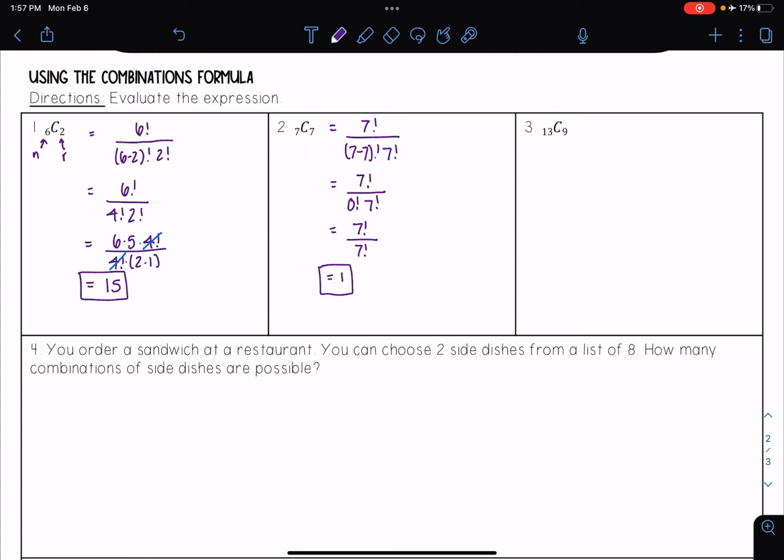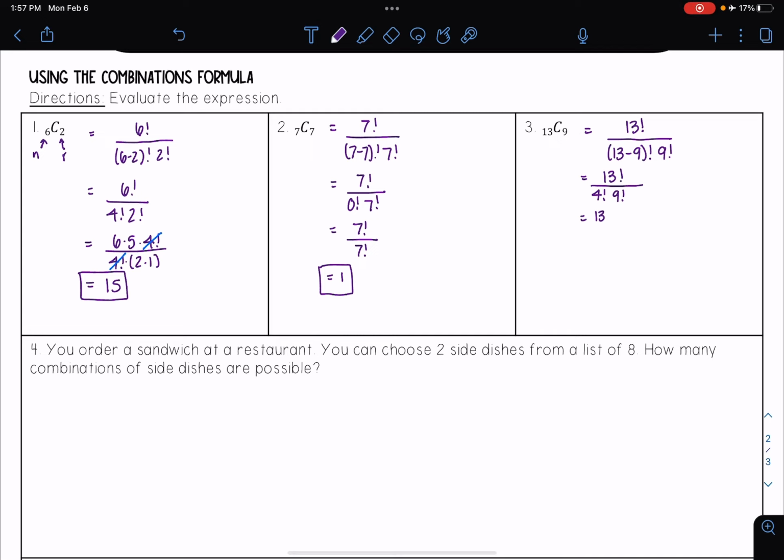Okay, let's look at one more example like this. Here I have 13C9, so 13 is my n, so I have 13 factorial over 13 minus r, which is 9, times r. So I have 13 factorial over 4 factorial times 9 factorial. Now I'm going to break apart that 13 factorial until I get 9 factorial, because you want to get rid of the bigger number that's on the denominator.